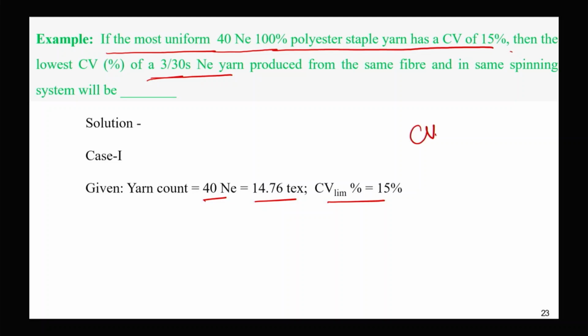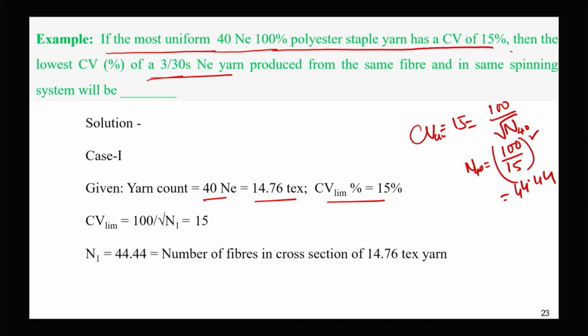CV limit equal to 100 by under root n. In 40 NE, n will be 100 by 15 squared. So this will become 44.44. So you can see here, 44.44 number of fibers.